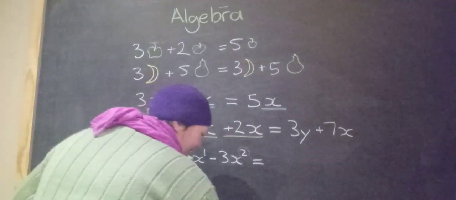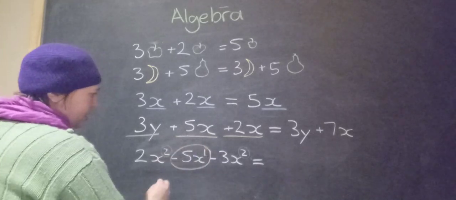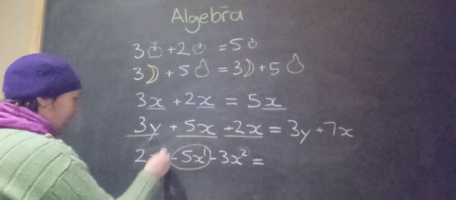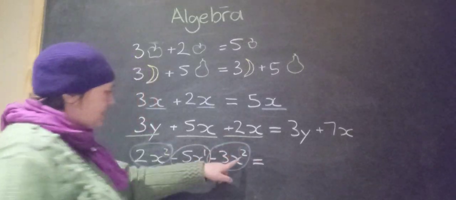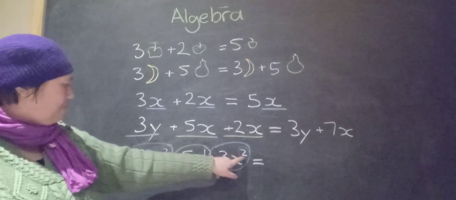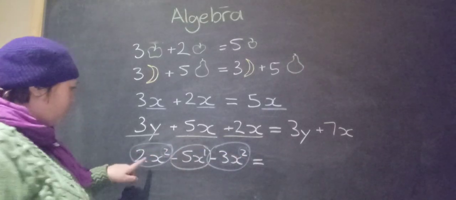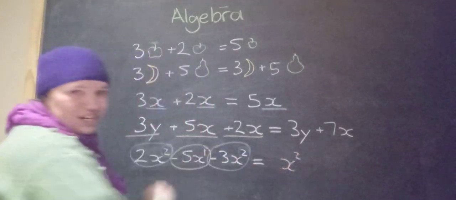So, let's check here. So now this one is all by itself, and this one and this one are the same because they both have a squared. So we've got this stuff, we've got that stuff.